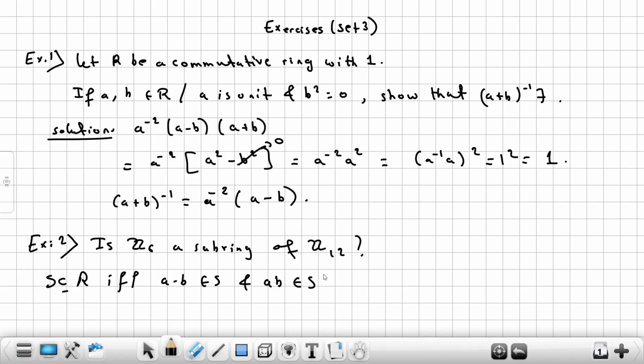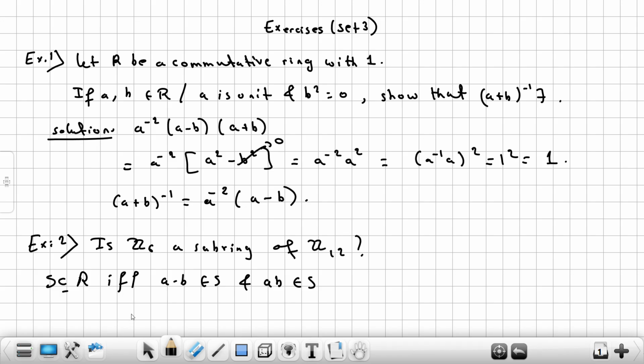So Z6 alone is a ring, Z12 alone is a ring, but we cannot view Z6 as a subring of Z12. The operations done in Z6 are modulo 6. The operations done in Z12 are modulo 12.